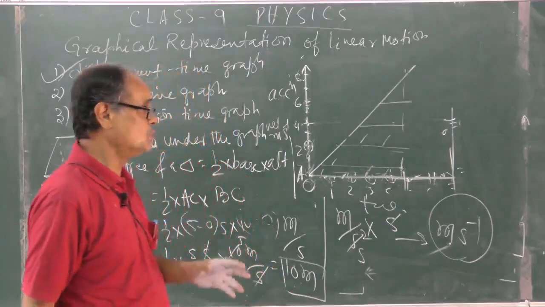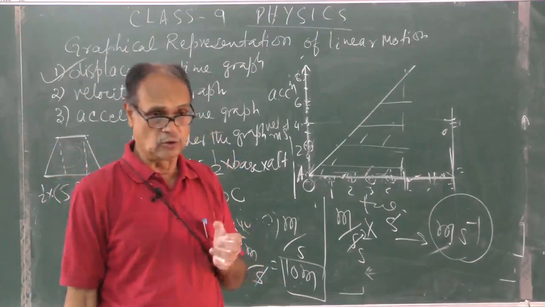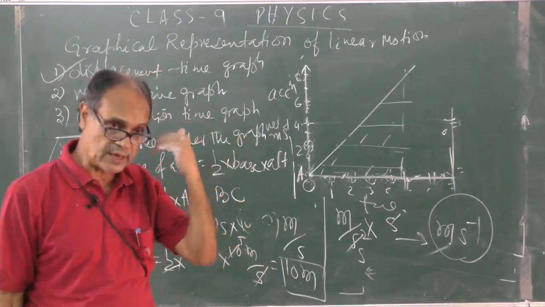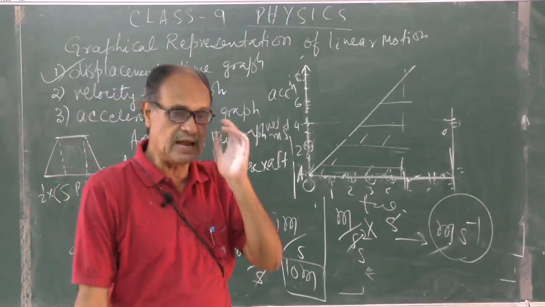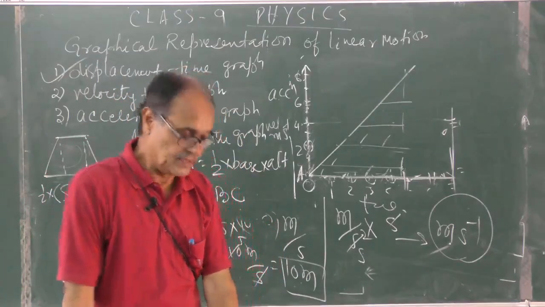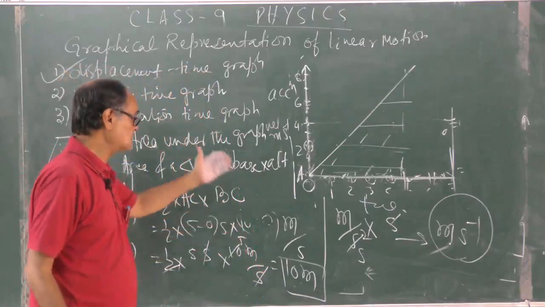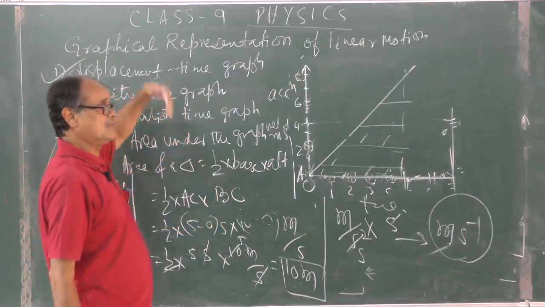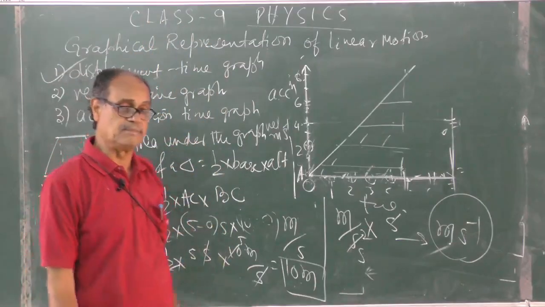That's why I advise you that you follow the book, but you exercise yourself, do read and do work out. There are so many things which I have just left out for you as an exercise, that you revert from acceleration time graph to velocity time, from velocity time back to displacement time.